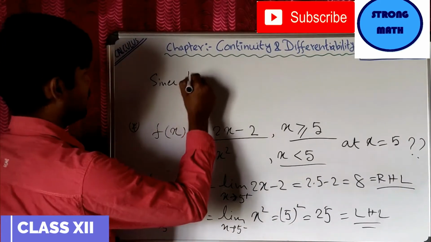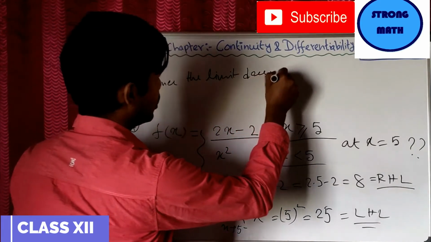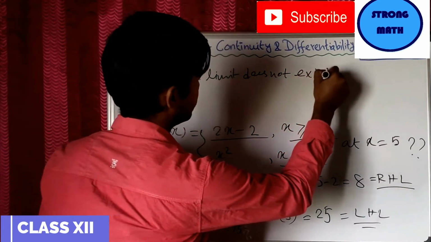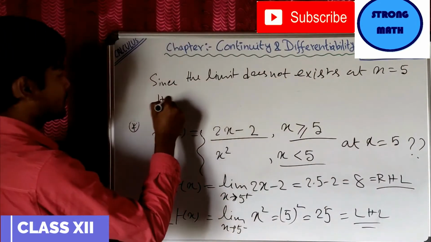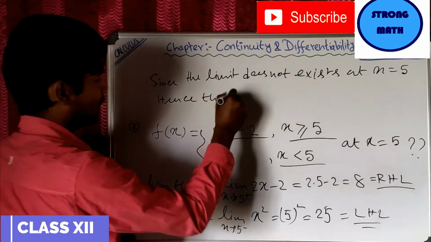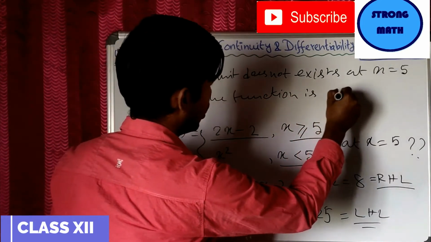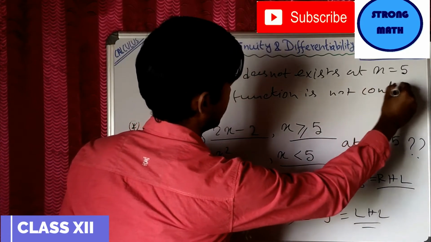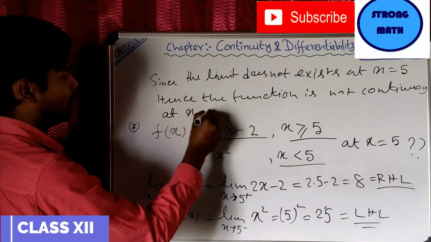Since the limit does not exist at x equals 5, hence the function is not continuous at x equals 5.